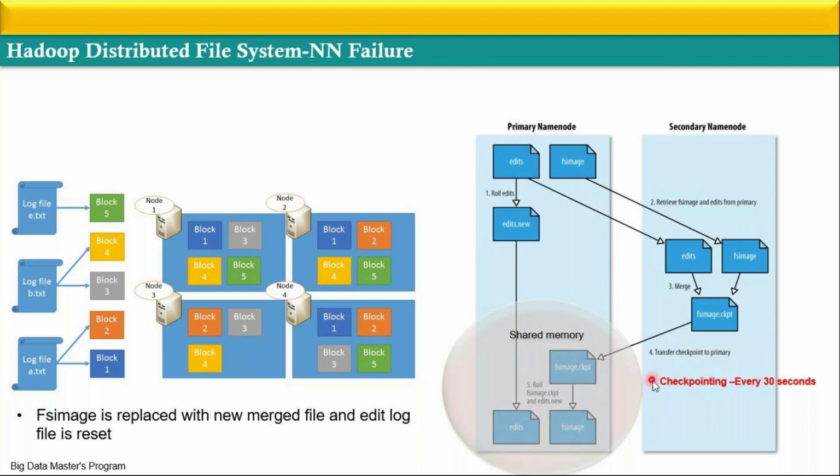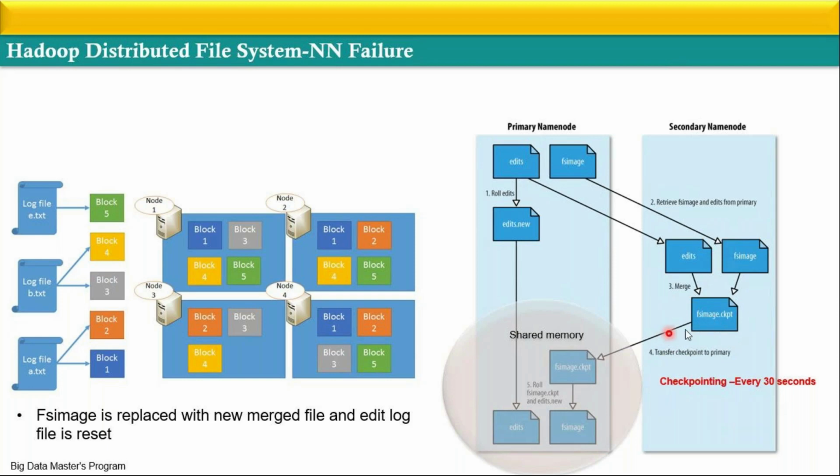So we have gone through checkpointing in detail. It copies the files from the primary name node and clubs them together to create an image, that is fs image ckpt, and that is known as checkpointing.